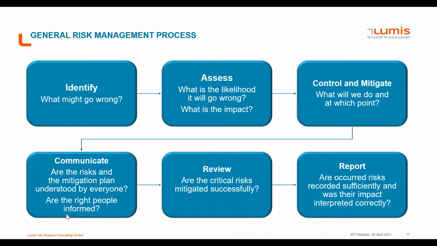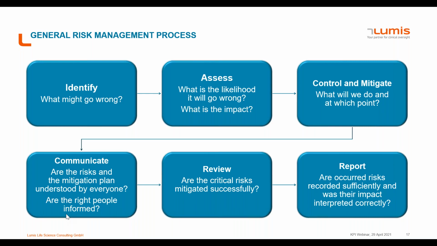Assessment involves the two questions: what is the likelihood it will go wrong, and what is the impact of my risks? And only risks that are very likely to occur and have a high impact on your clinical trial can be referred to as critical risks.